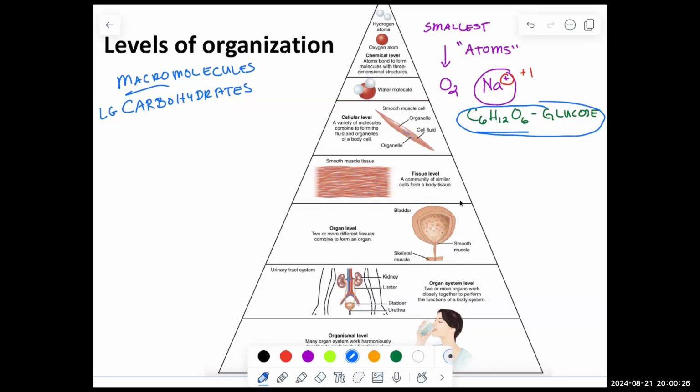Who can give me the other main example of macromolecules that we consume other than carbohydrates? What's another one? Fats. They are lipids. Oils, fats, animal fat, plant fat, shortening, all that stuff. Lipids. We need that macromolecule to sustain us. What's the other one?